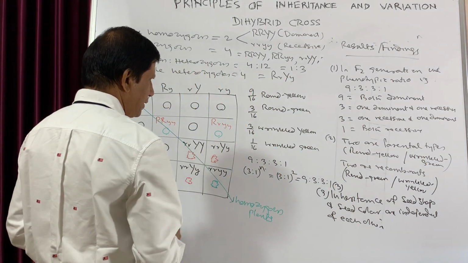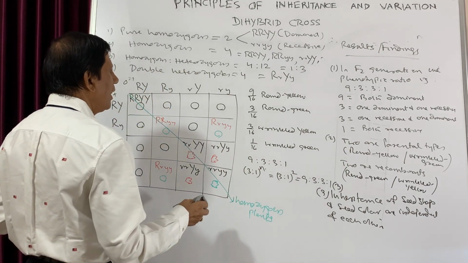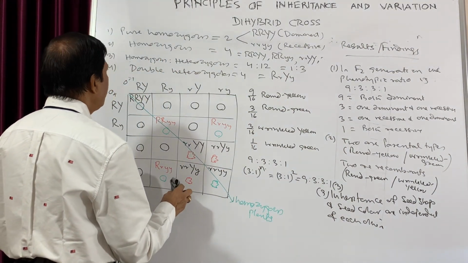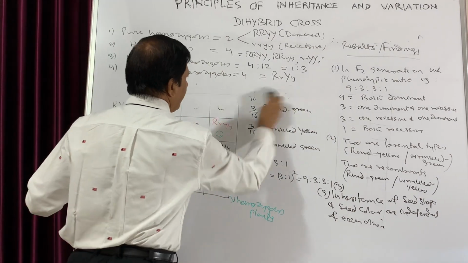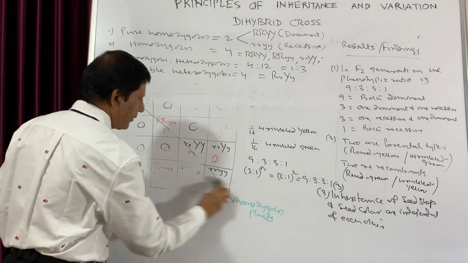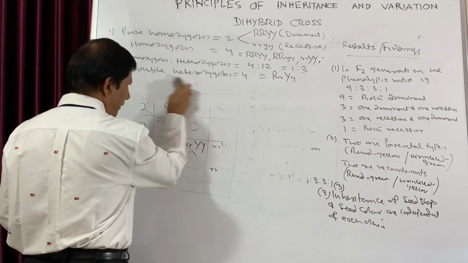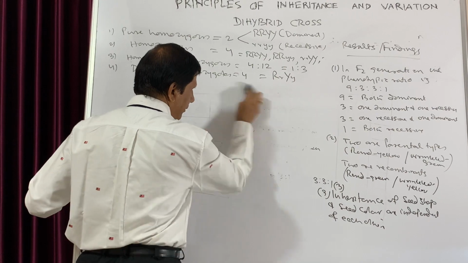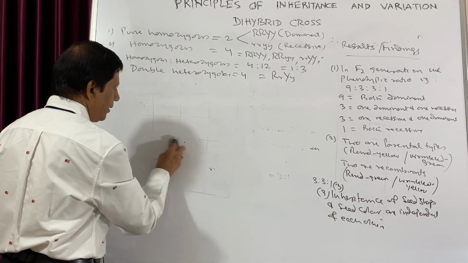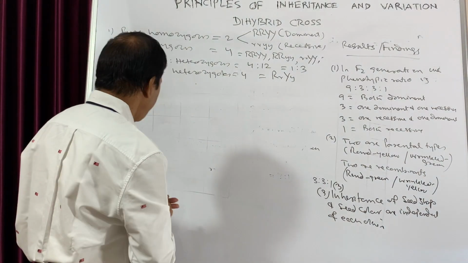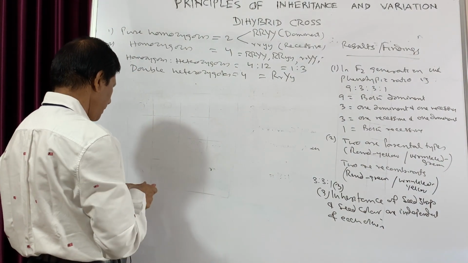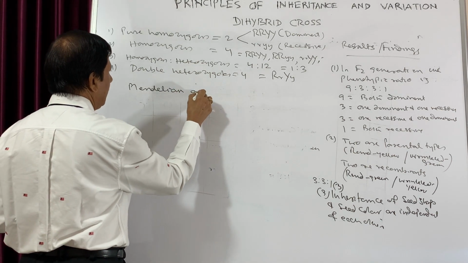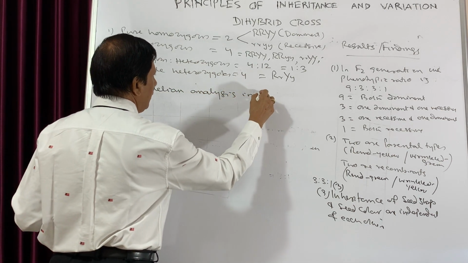Now after this, we have to see how Mendel applied mathematics to his experiments, mathematical analysis, because that is very important for Mendel, for which he was not recognized. So, Mendelian analysis in mathematics.